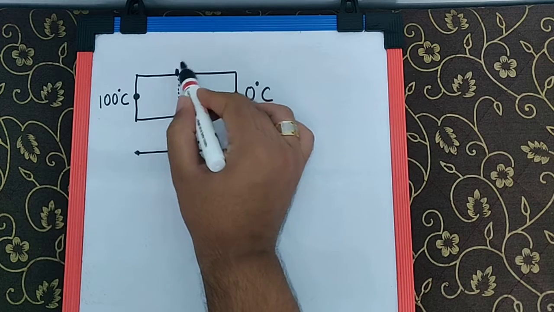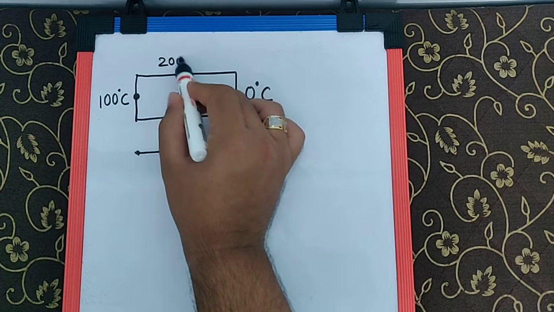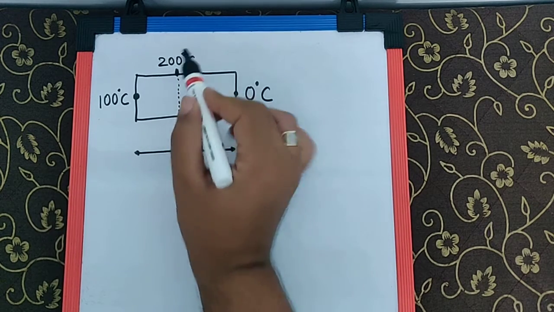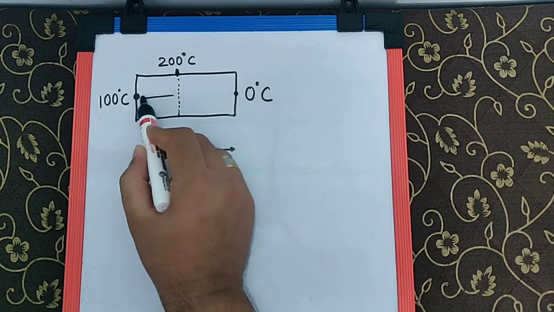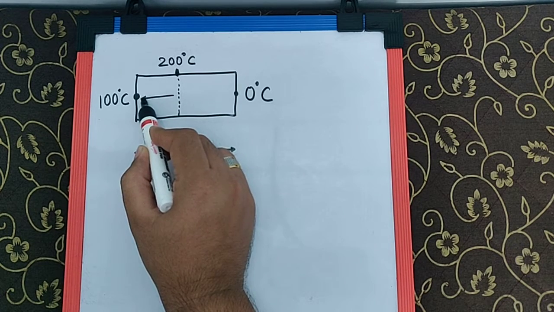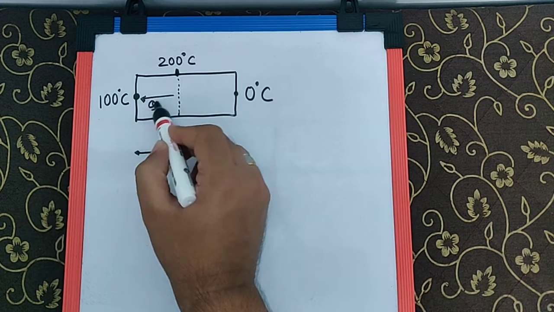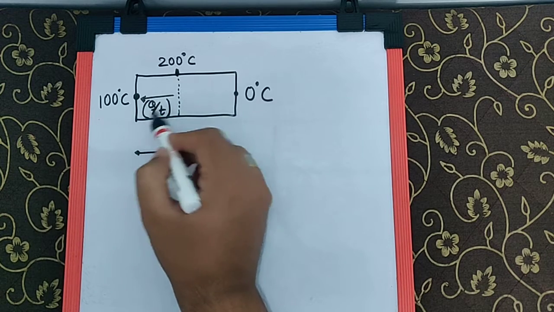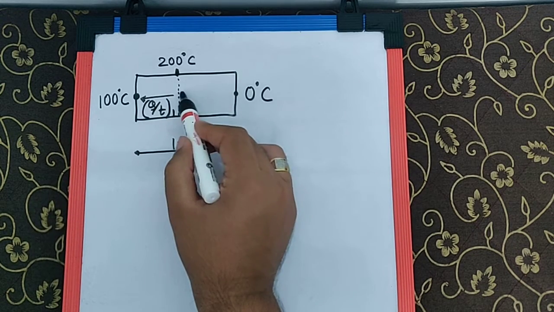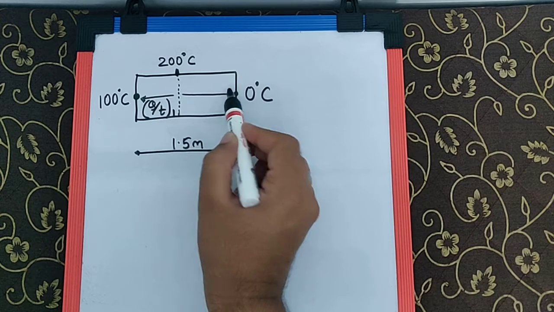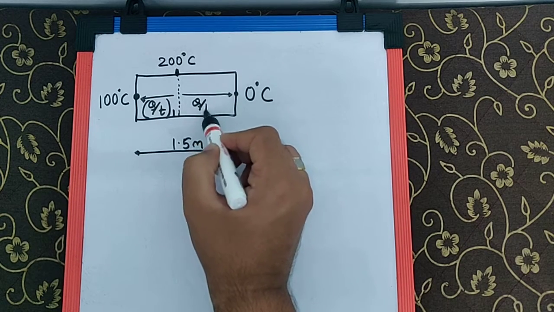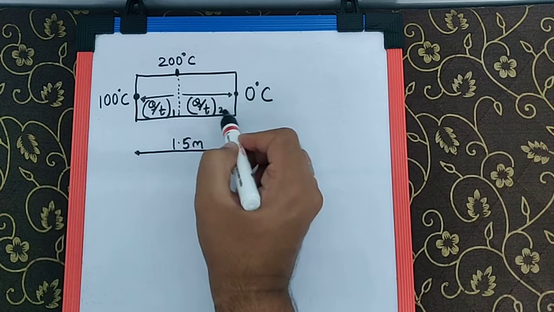which is maintained at 200 degrees Celsius, because of which the heat flows from 200 to 100 in this direction as Q by T1, and the heat flows in this direction also as Q by T2.